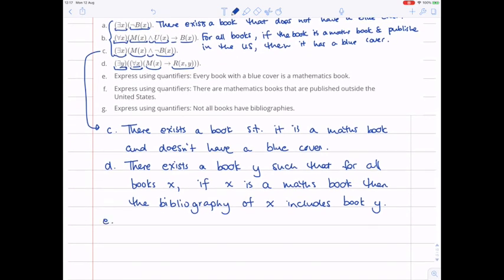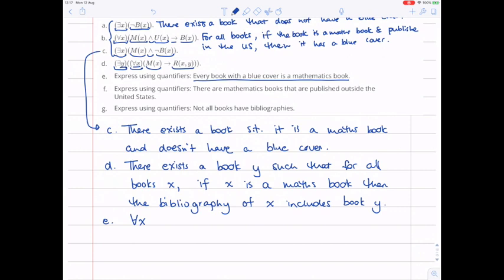Okay, let's take a moment to go the other direction. So now we want to take an English statement and translate it into mathematics. So here we've got every book. So that's going to be for all books in our universe. Every book with a blue cover is a mathematics book.